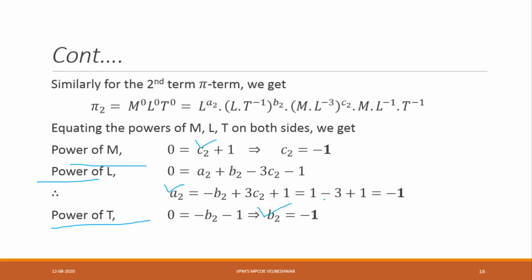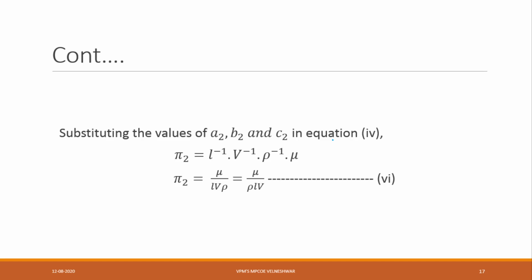Here if you see, A2 value I am getting minus 1, B2 value I am getting minus 1, C2 value I am getting minus 1. All terms are same. Now again substituting the values of A2, B2, C2 in equation number 4. Now by substituting this equation I am getting phi 2 is equal to mu divided by LV rho.